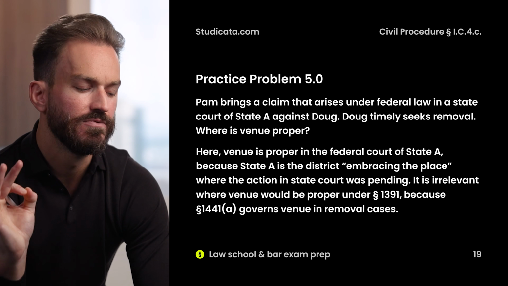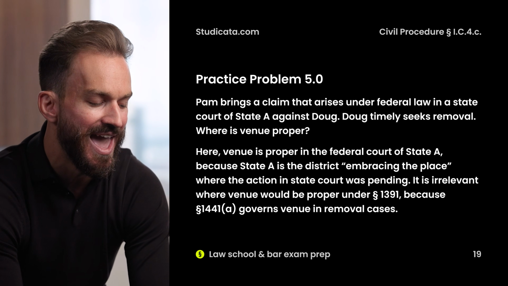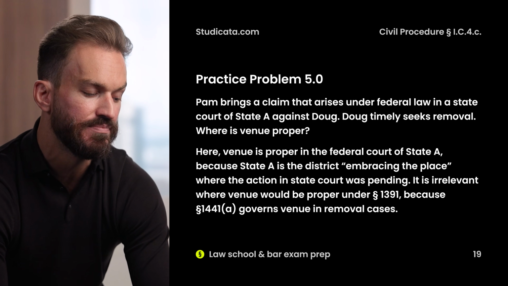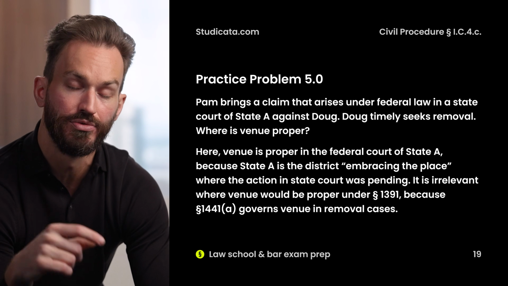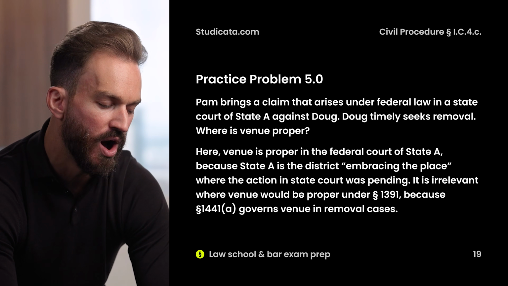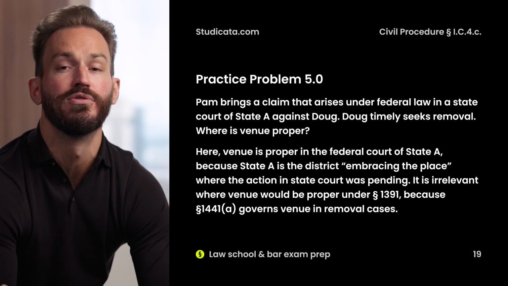So here, venue is proper in the federal court of state A because state A is the district embracing the place where the action in state court was pending. It is irrelevant where venue would be proper under section 1391 because section 1441(a) governs venue in removal cases.